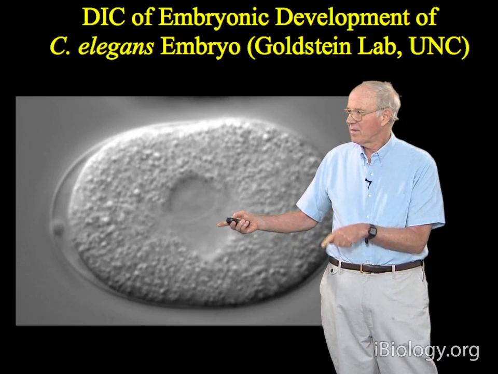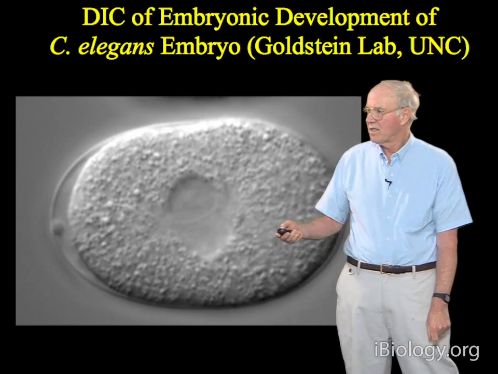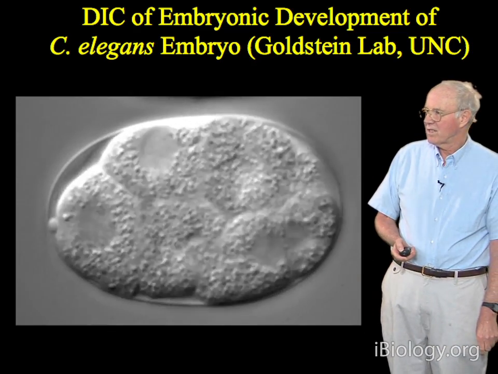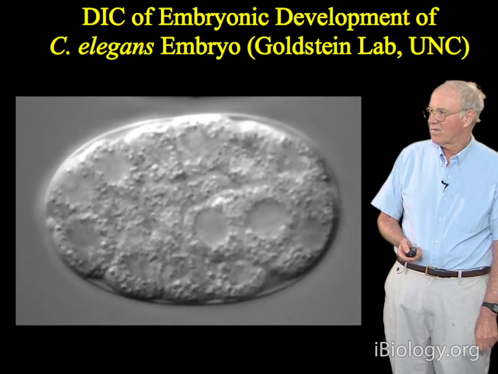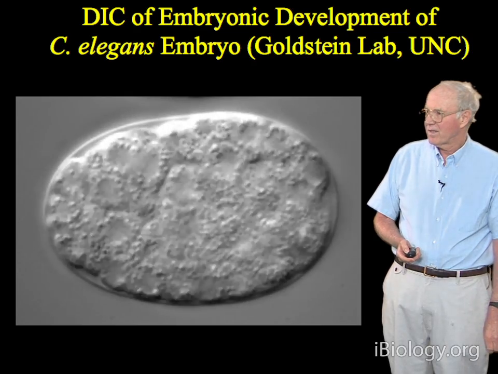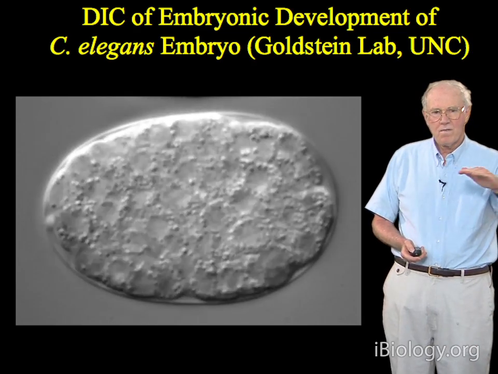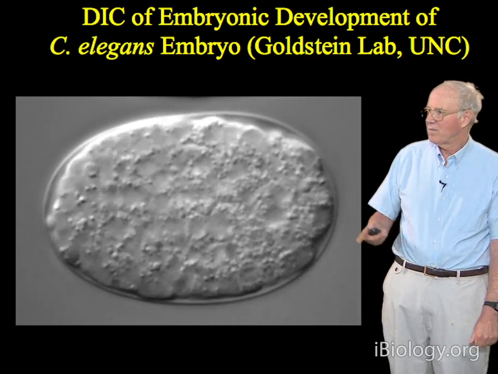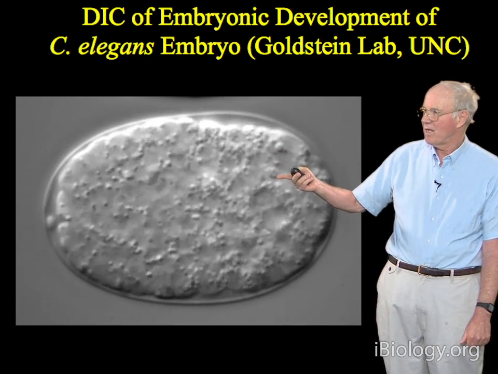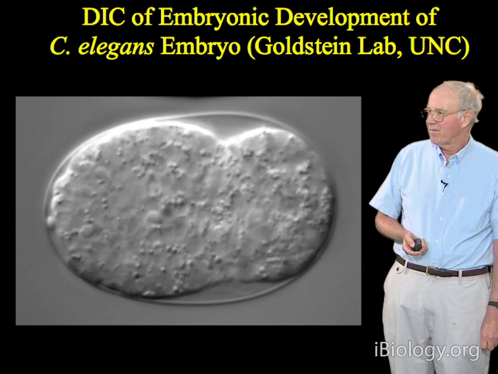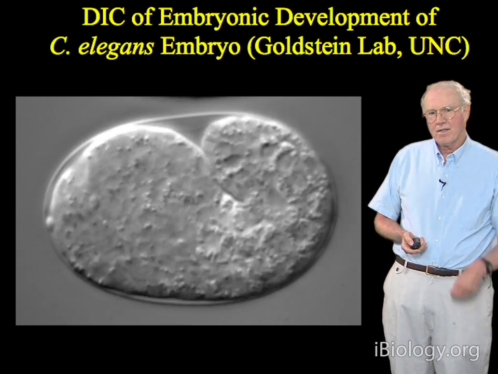This is just the beginning of first mitosis, and first division, second, third, fourth, fifth. So this is all for one focal plane, and what you mainly see are the nuclei, or the big round objects here, right?